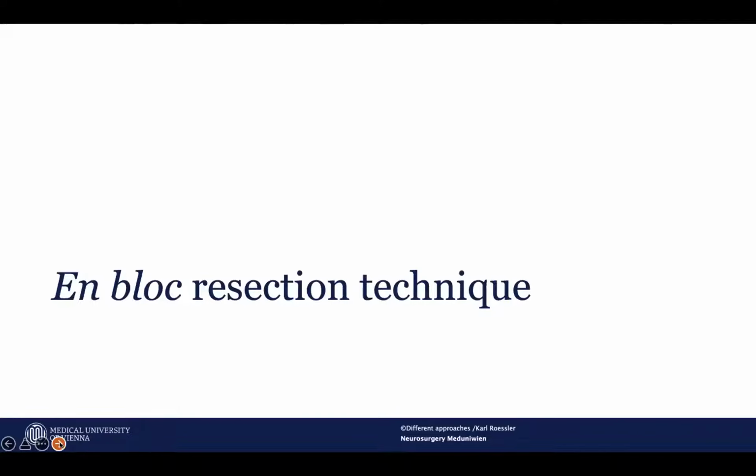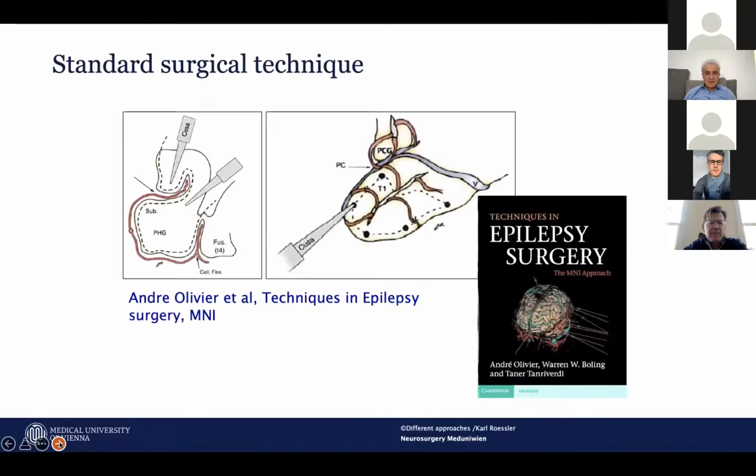The first point I want to focus on is a technical one, the so-called en bloc resection technique. If you look into a standard epilepsy surgery textbook, like this from André Olivier, you will see there is a lot done with the CUSA.